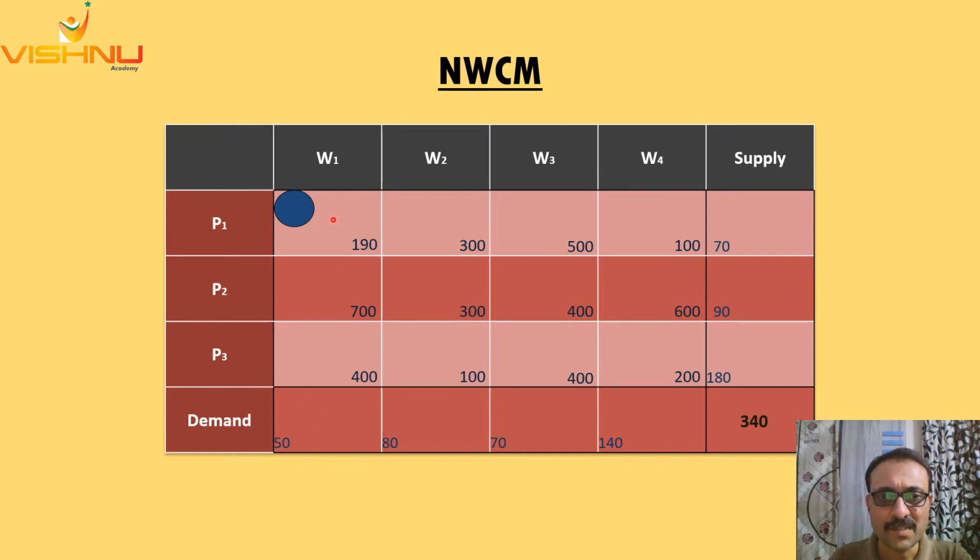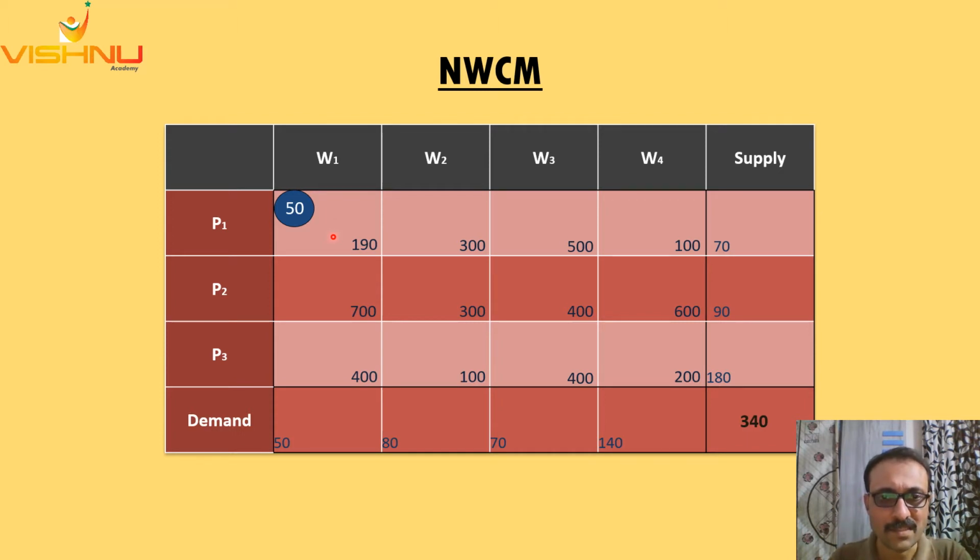Let's say someone suggests that we transport 60. Since we do not have anything more than 50 in the column, 60 is just not possible. Anything more than 50 is just not possible, right? So at most it is 50. So 50 units are transported or identified for transportation in cell P1W1.